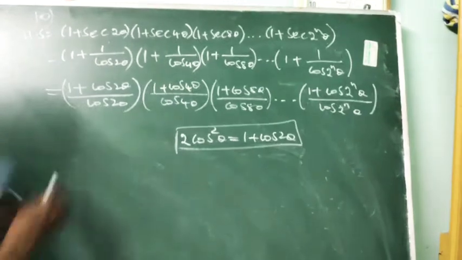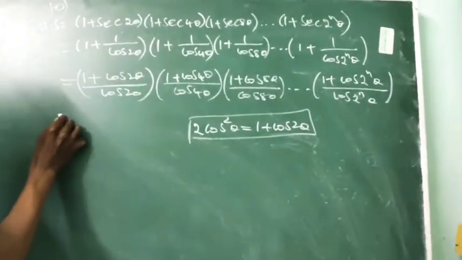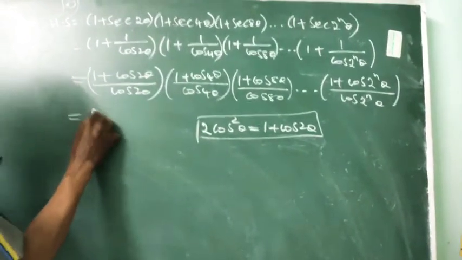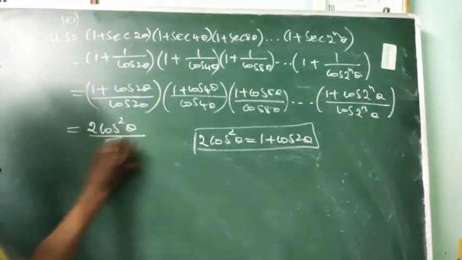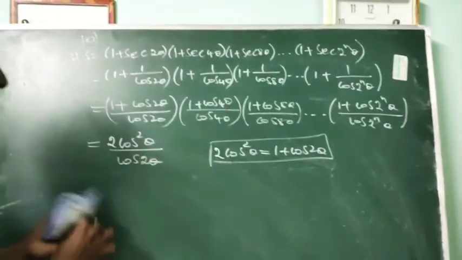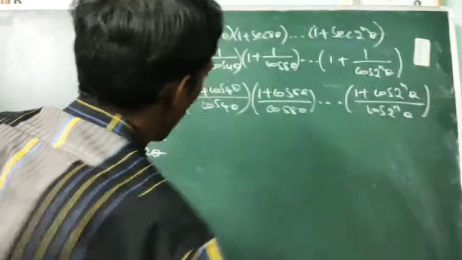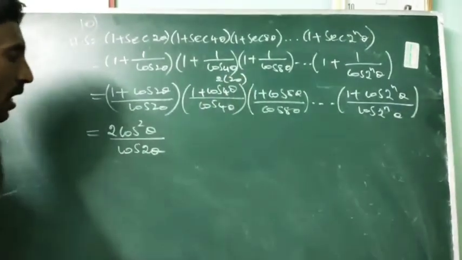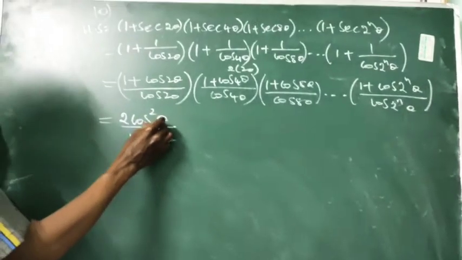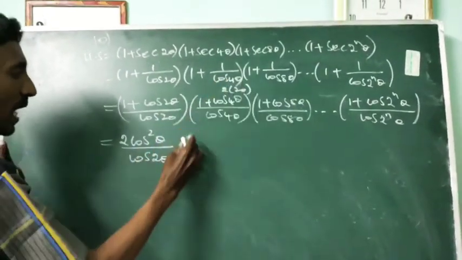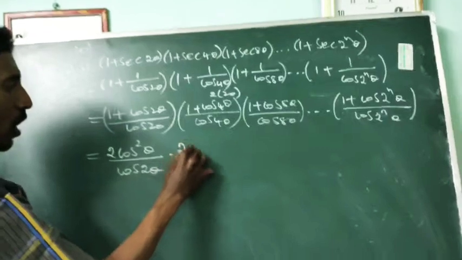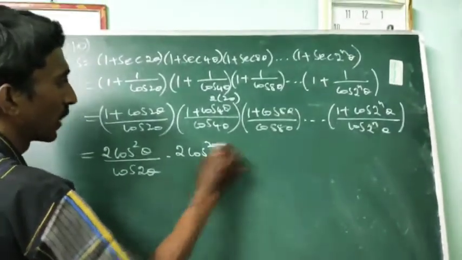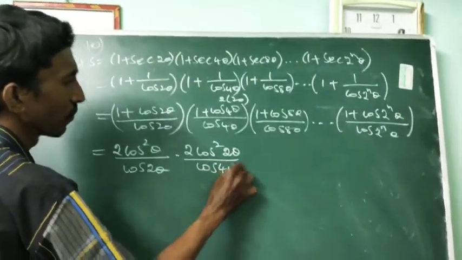So here 1 plus cos 2 theta can be written as 2 cos square theta by cos 2 theta. Similarly, use the same formula, but this 4 can be written as 2 into 2 theta. So in the place of theta, we have to put 2 theta. The term becomes 2 cos square 2 theta. Are you clear?